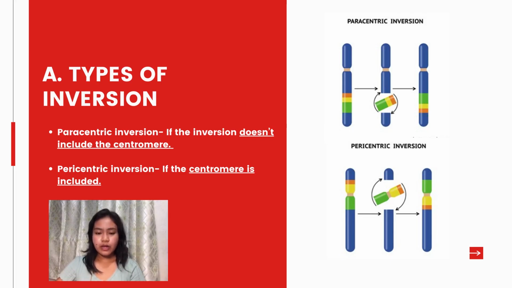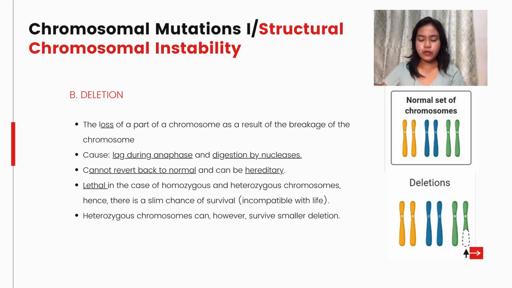For the types of inversion, we have paracentric inversion and pericentric inversion. If the inversion doesn't include the centromere, it is called paracentric inversion, while if the centromere is included, it is called pericentric inversion. For the second type of chromosomal mutations 1, we have deletion.